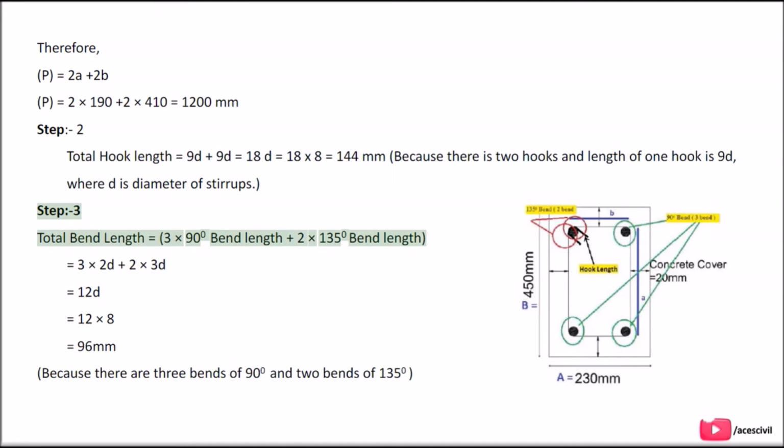Step 3: total bend length equals 3 times 90 degree bend length plus 2 times 135 degree bend length, equals 3 times 2d plus 2 times 3d equals 12d equals 12 times 8 equals 96 mm, because there are 3 bends of 90 degrees and 2 bends of 135 degrees.